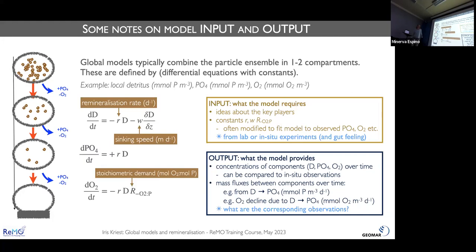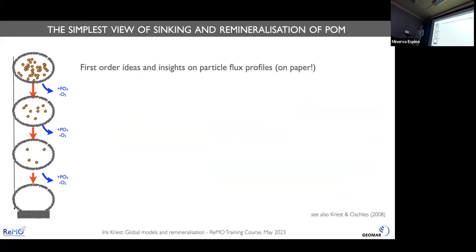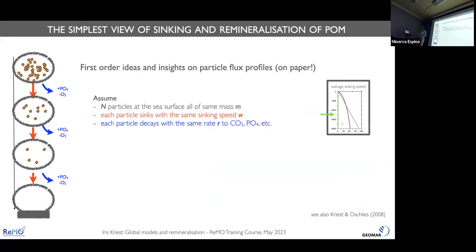That was a brief detour in how these models work, what they require, what they can provide. We don't always need a global model or a local one or a numerical one or a computer, but we can do many things beforehand on a sheet of paper and using a pencil. And here's just one very quick example.